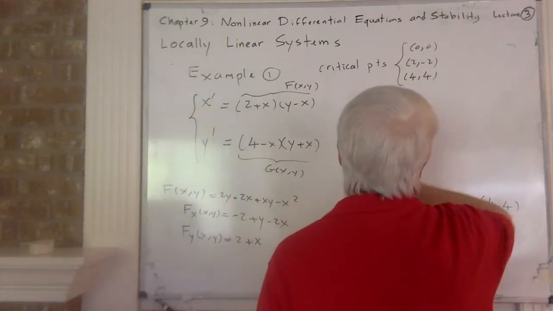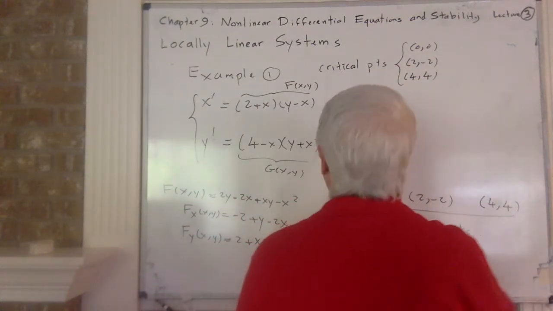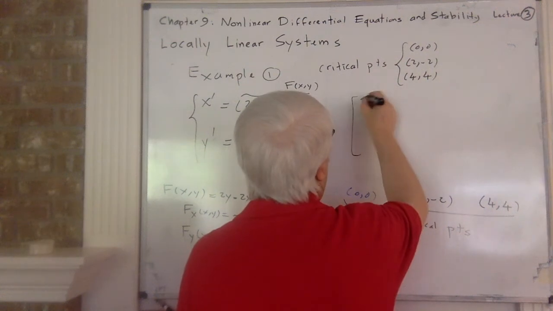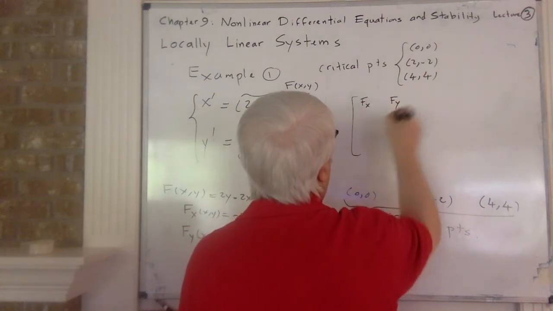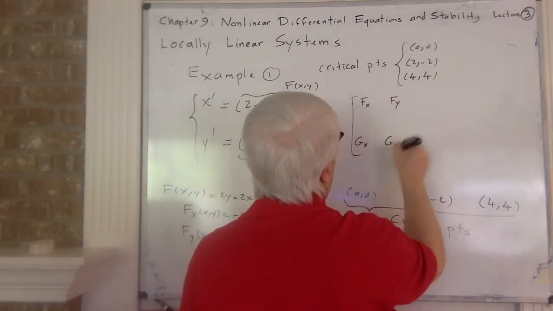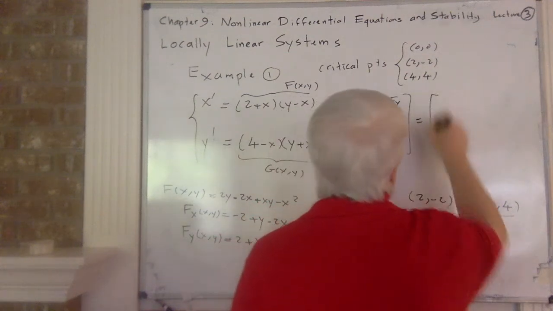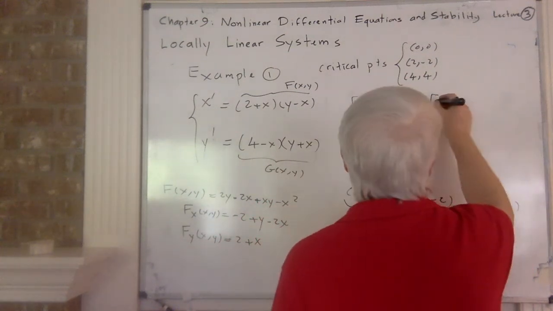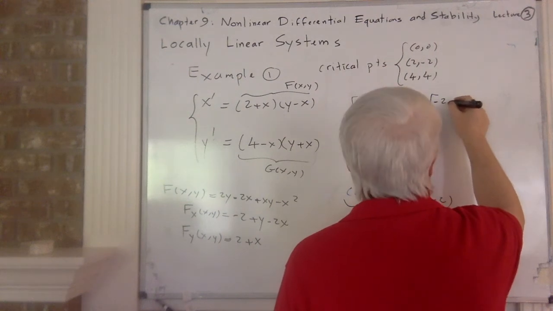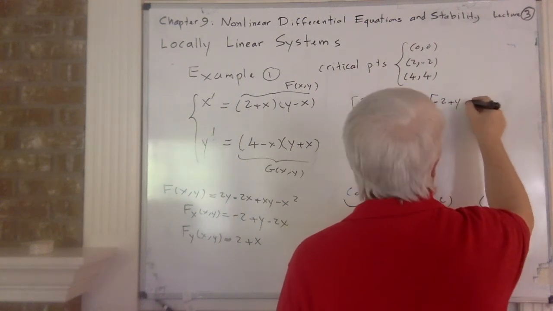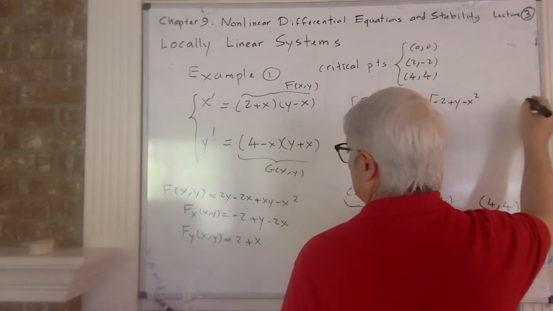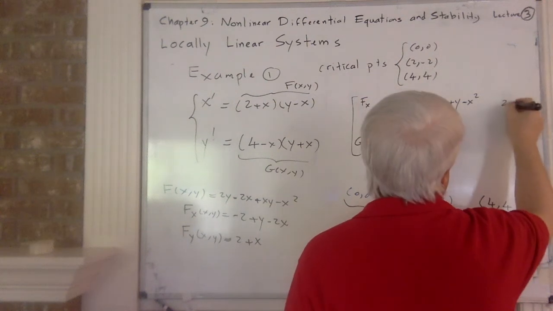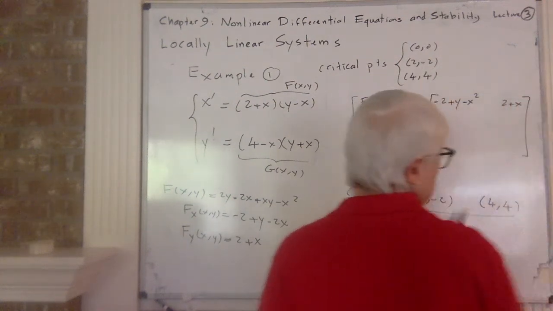Let me write them here. So that matrix will be the matrix f_x, f_y, g_x, g_y at the critical point. It is minus 2 plus y minus 2x, and 2 plus x. But this is for any point, right?